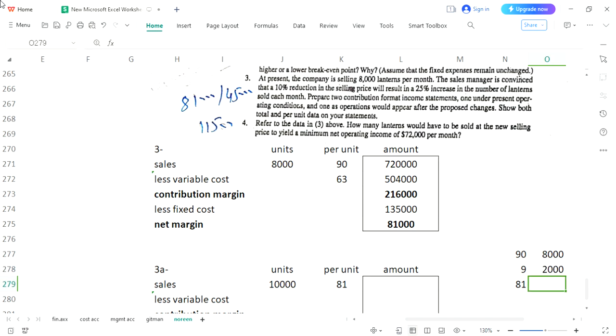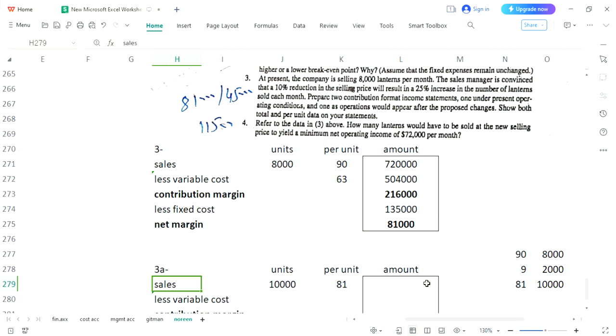So old number of units 8,000 increased by 2,000. How many total units? 8,000 plus 2,000, you will get 10,000. You can use this way to calculate the new number of units, or you can use the formula which is written over here. Whatever is easy for you, just do it.